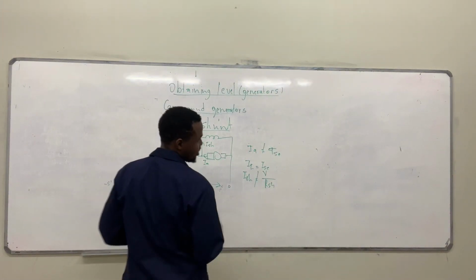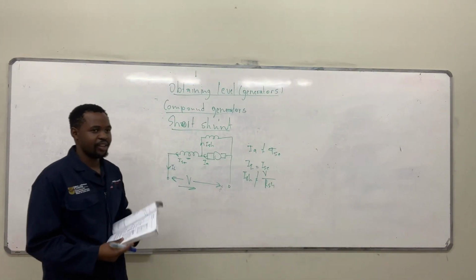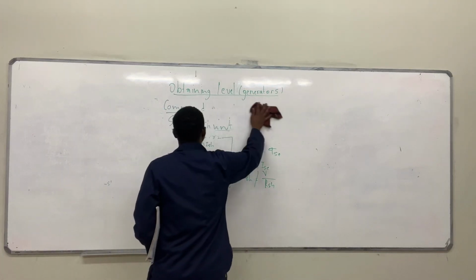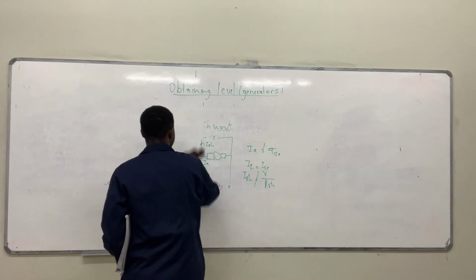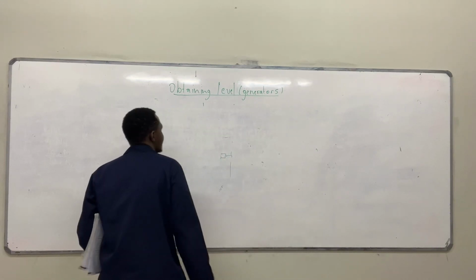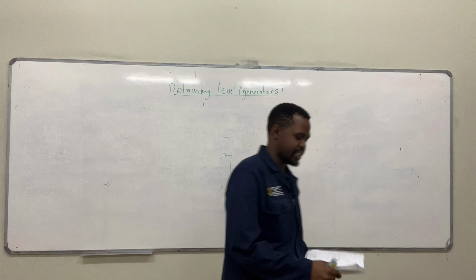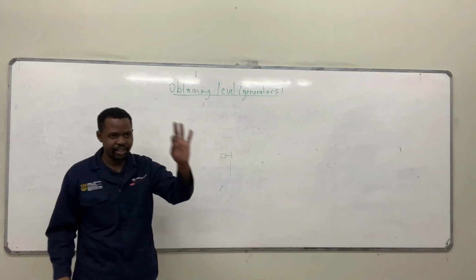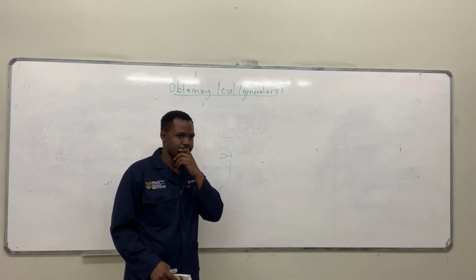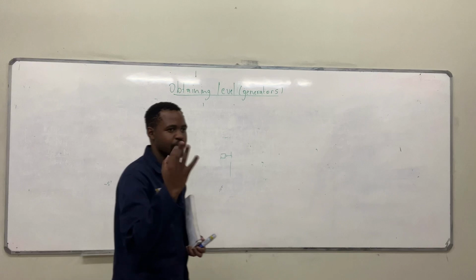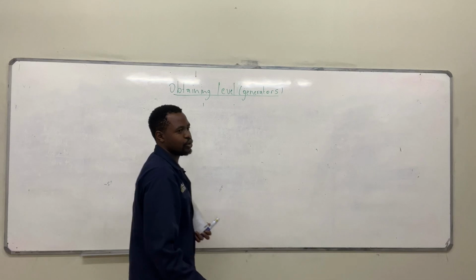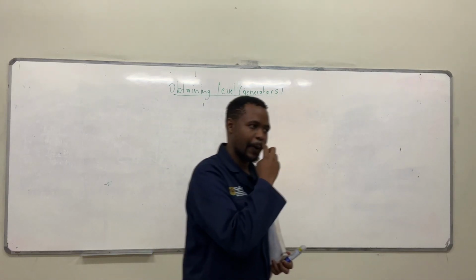Okay, guys, now you can differentiate between long shunt and short shunt. In compound generators, there are 3 conditions that we should look at. Because remember, now we have two windings, two field windings.